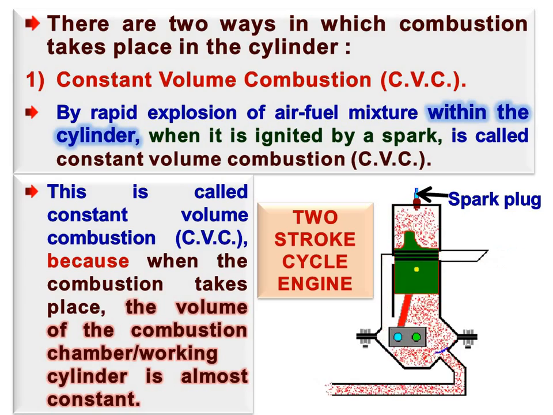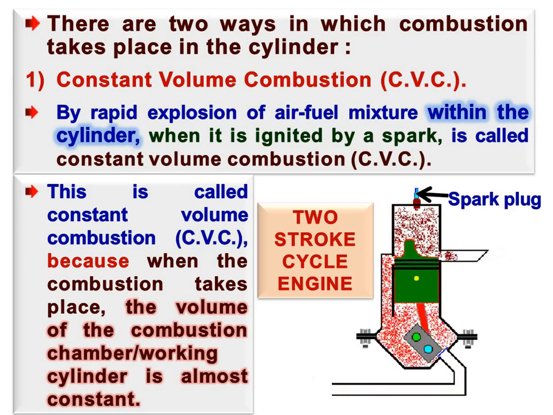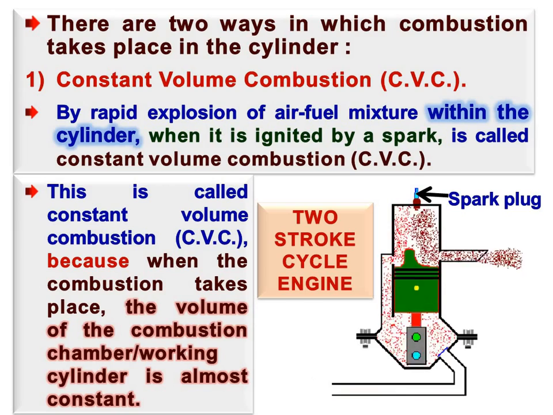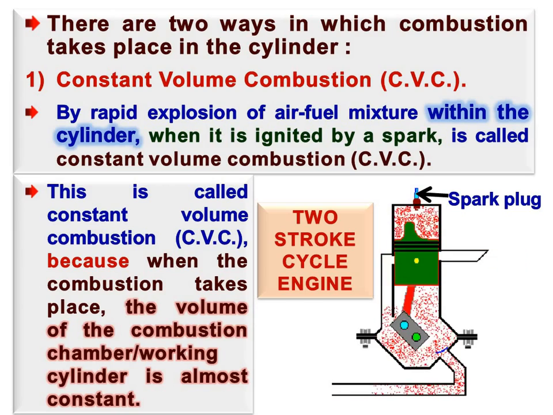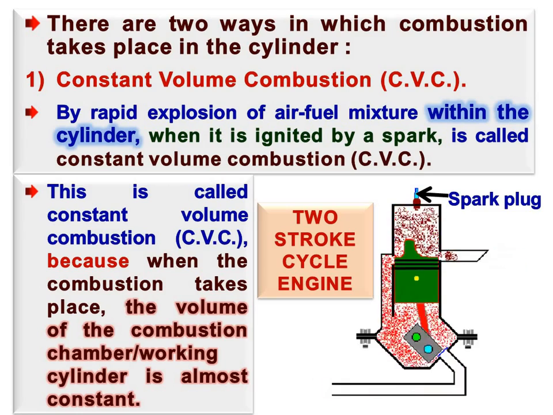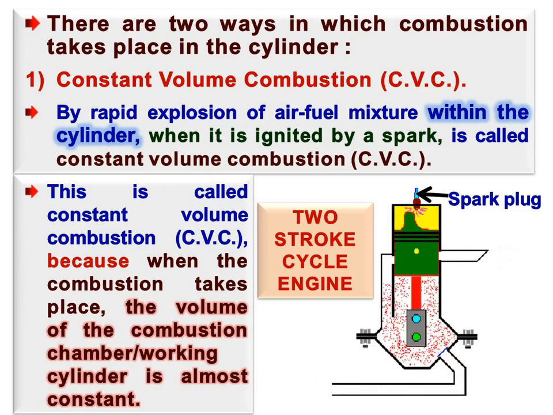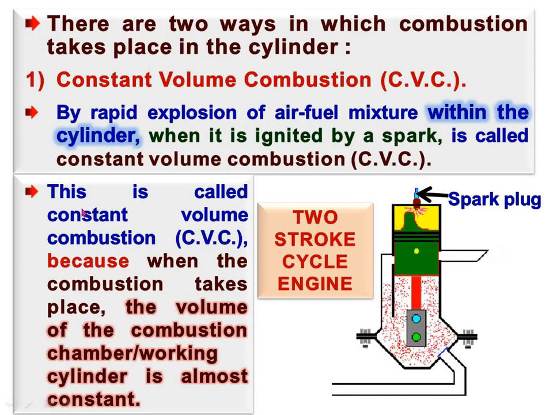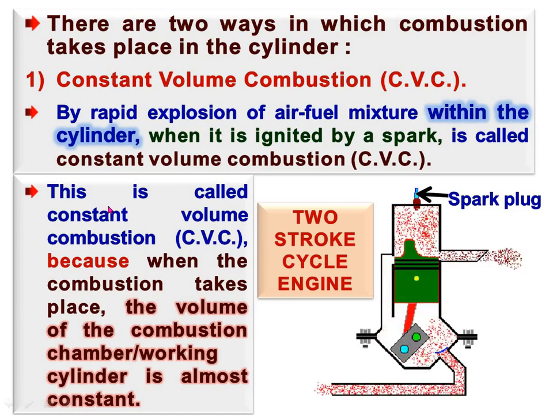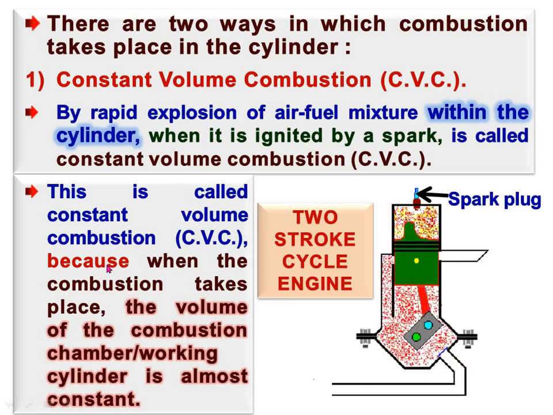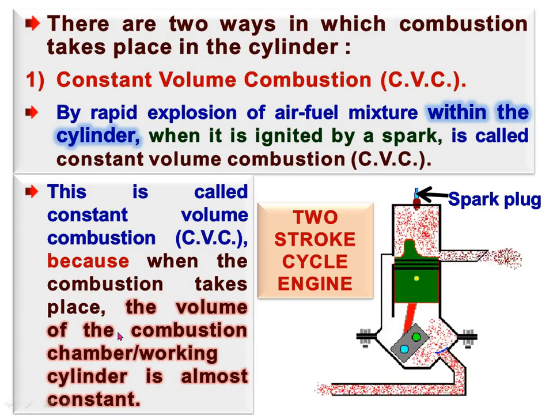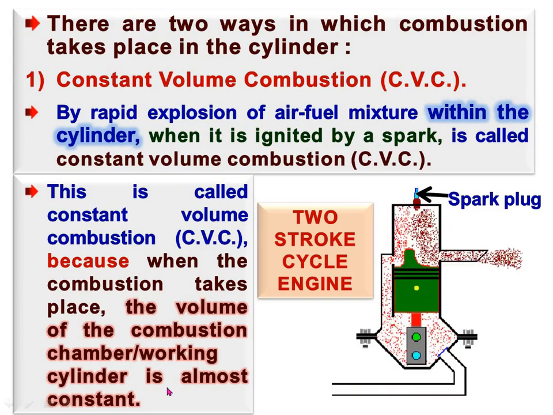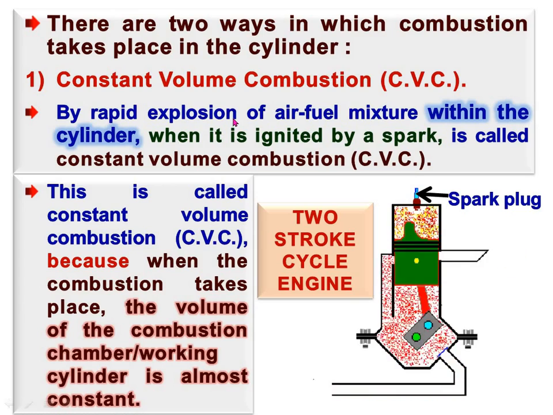So using the spark plug, we suddenly ignite the air fuel mixture, and due to the sudden burning, there will be rapid explosion. At that time, volume remains constant, so it is called constant volume combustion. This is called constant volume combustion because when the combustion takes place, the volume of the combustion chamber, that is the working cylinder, is almost constant, because here rapid explosion is produced.